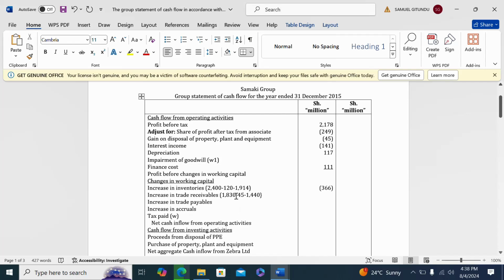But remember, out of this trade receivable as at 1st December 2015, we have been told that there is interest receivable which we need to deduct to remain with the trade receivable alone.